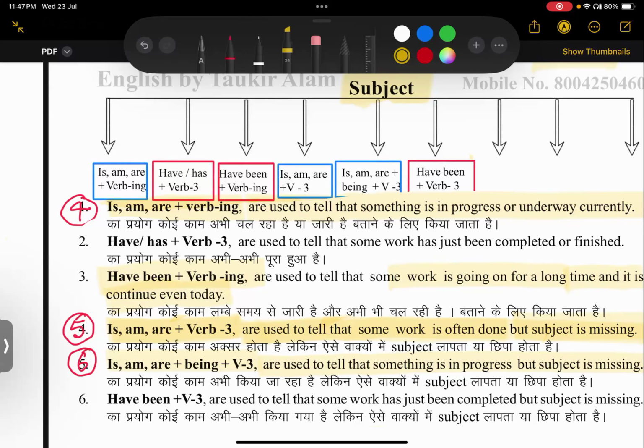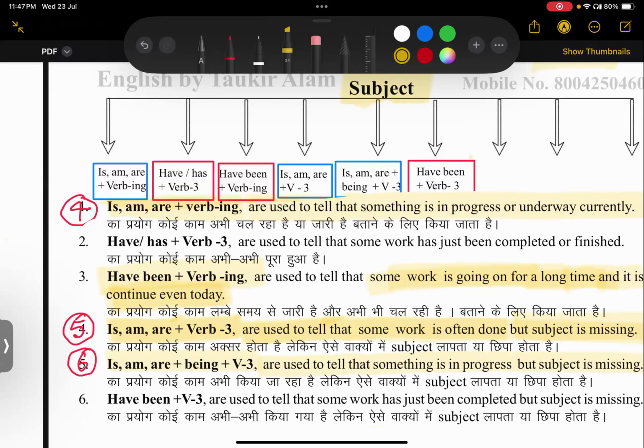You can use I have been, you have been, they have been, he has been, she has been, plus ing form. When you want to tell that some work is going on for a long time, it continues even today. For example, suppose there's a boy and he has been playing a game like PUBG for 3 hours.